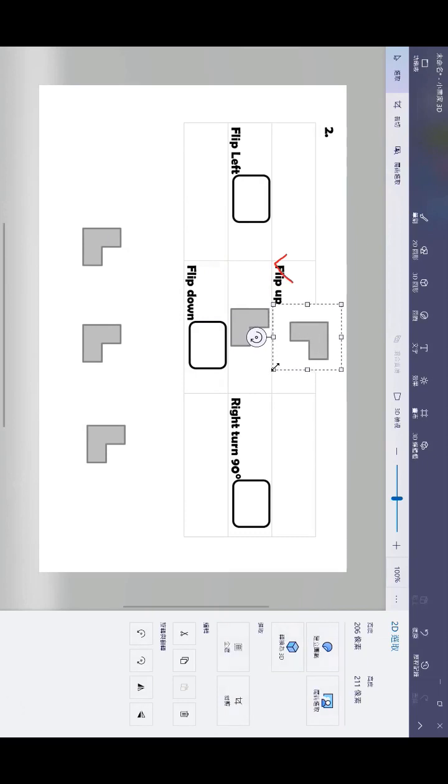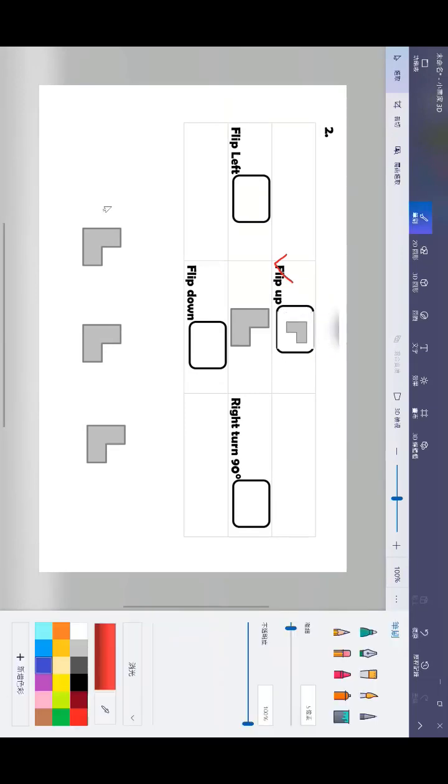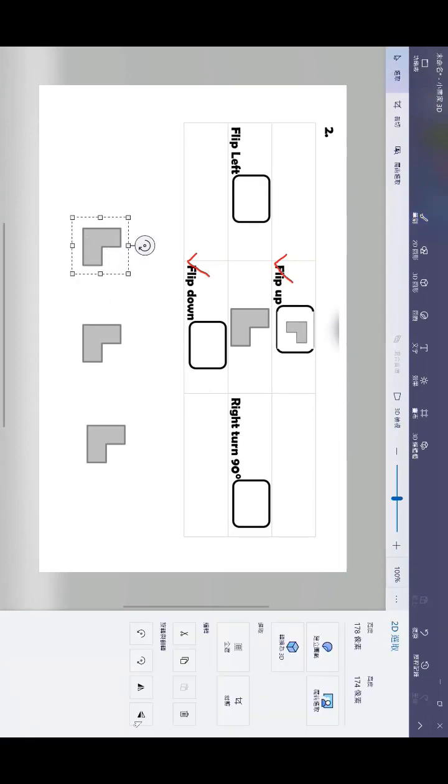We make it smaller and put it in the box. Okay, and then we try the other action. So let's try to flip it down. How does the shape look if we flip it down? Okay, it becomes the same as the one we flipped up.